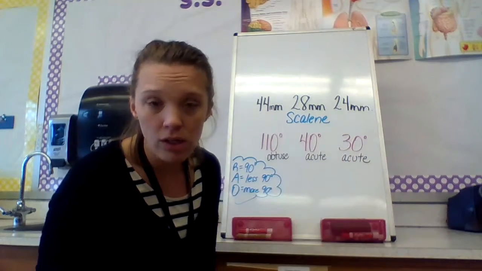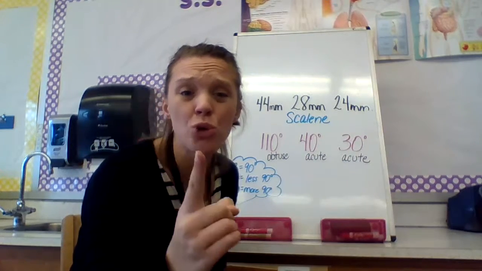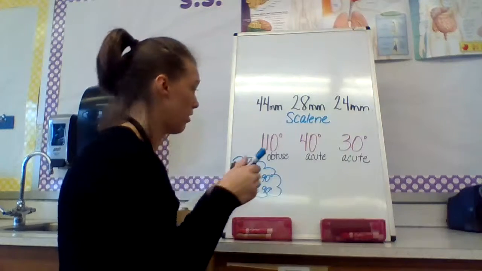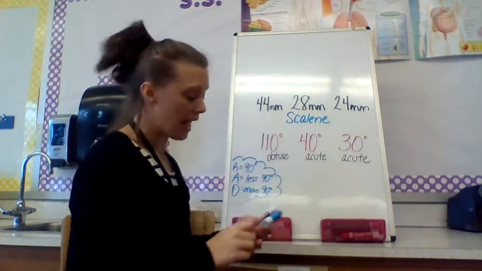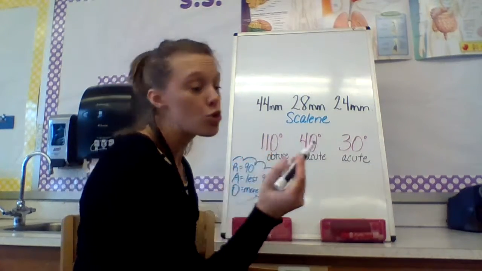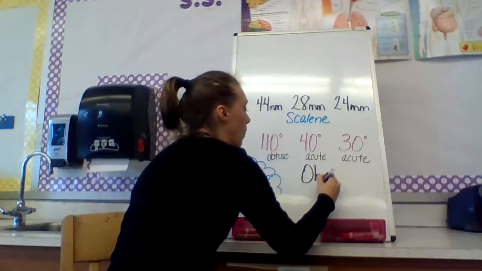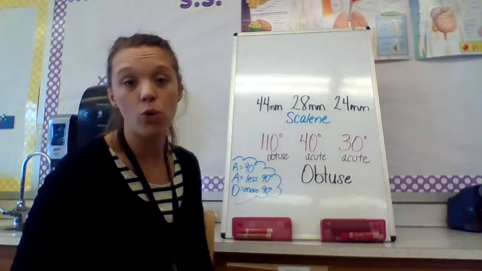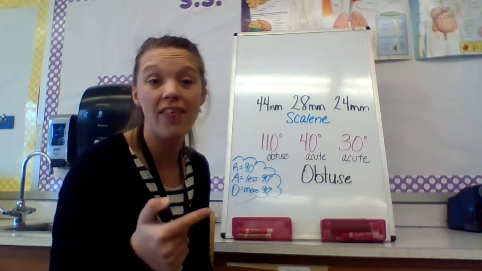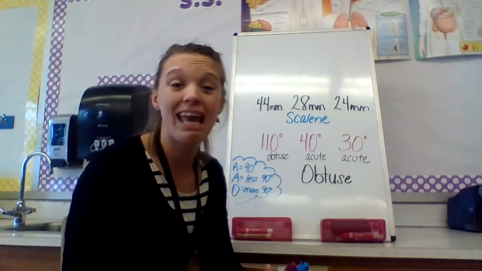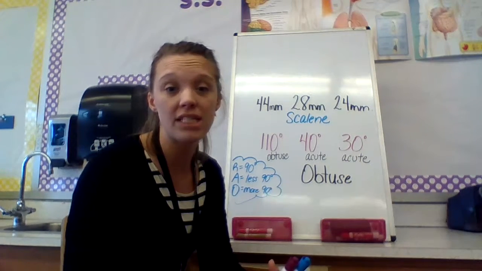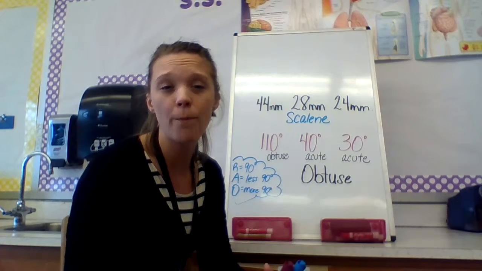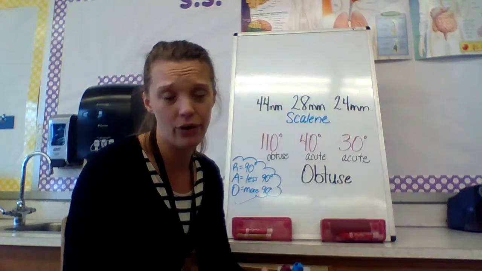A triangle with at least one obtuse angle is an obtuse triangle. So there's one obtuse angle, which means it is an obtuse triangle. So for number 5, we can classify that triangle as being scalene based on the length of its sides. And we can also classify it as an obtuse triangle because of its obtuse angle.